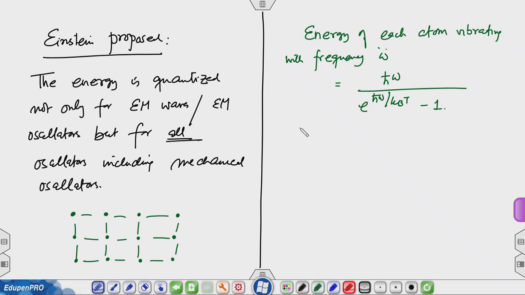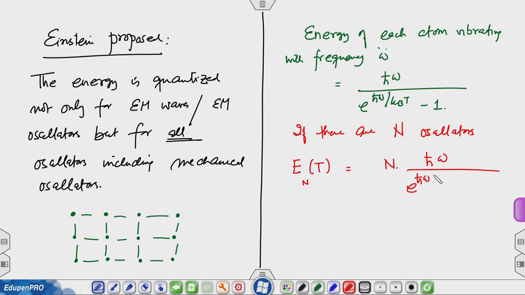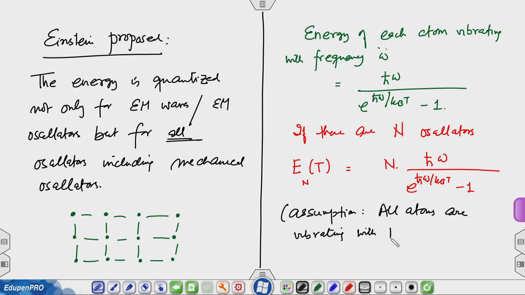And if there are N oscillators, then E as a function of T for these N oscillators is going to be N h cross omega over e raised to h cross omega over k B T minus 1. This is of course under the assumption that all atoms are vibrating with the same frequency. And then you take its derivative with respect to temperature and you get Cv.